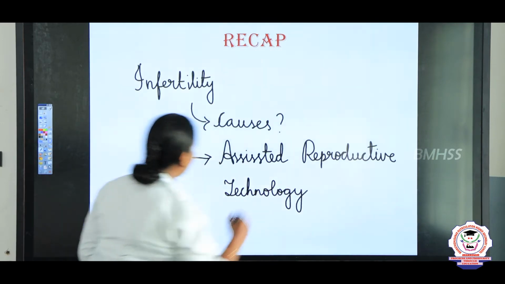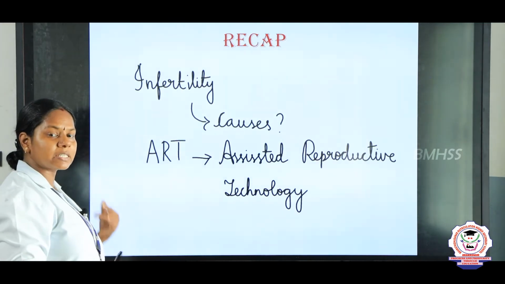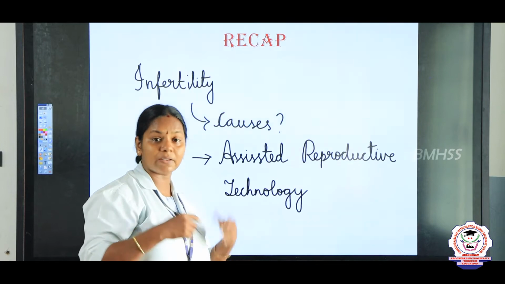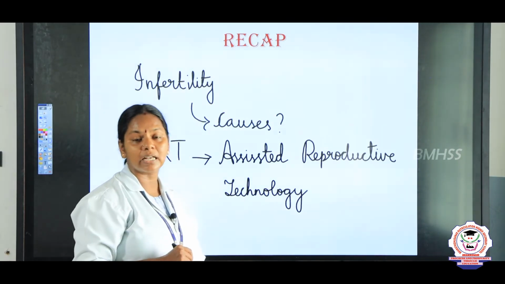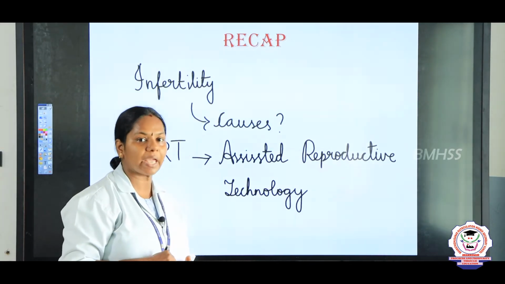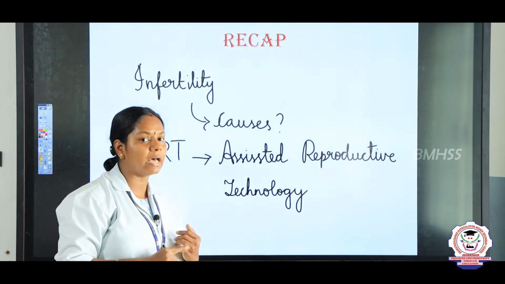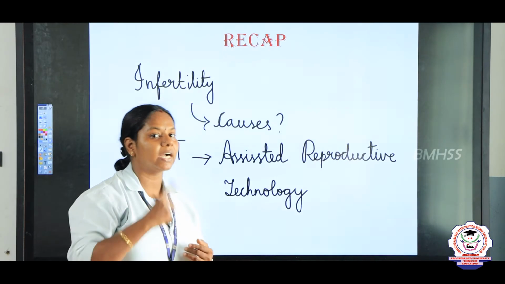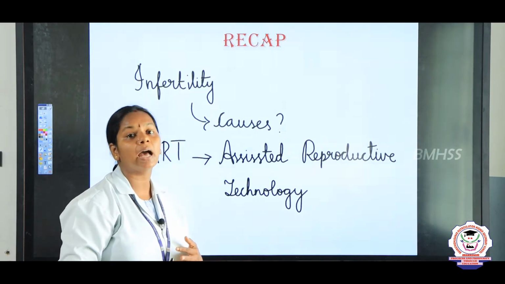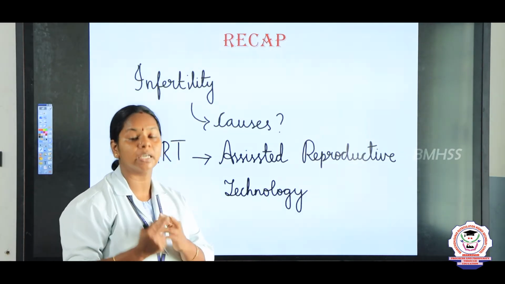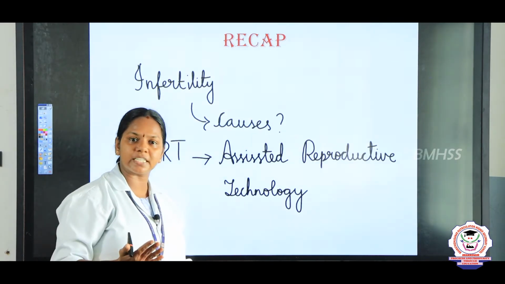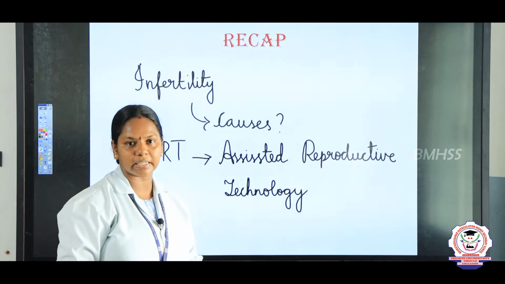So this is the ART, and we have discussed IVF and IUI, and we have studied the abbreviations and completed 2 ART techniques. One is IUI, intrauterine insemination, and the second is IVF, the test tube baby, in vitro fertilization. And in this session we are going to discuss the other ART techniques.